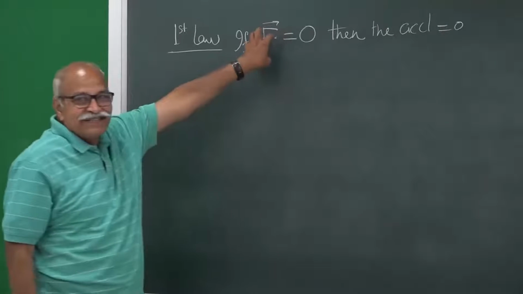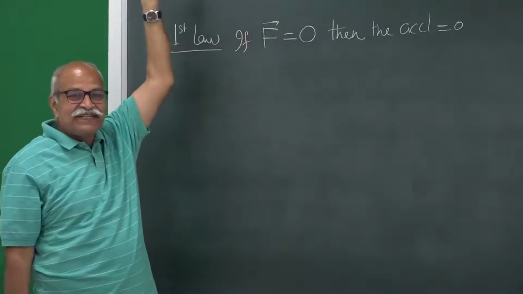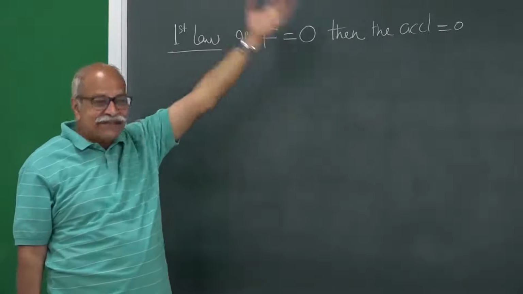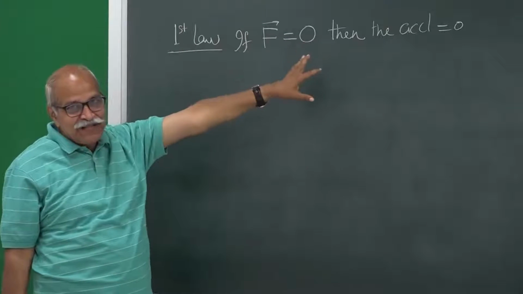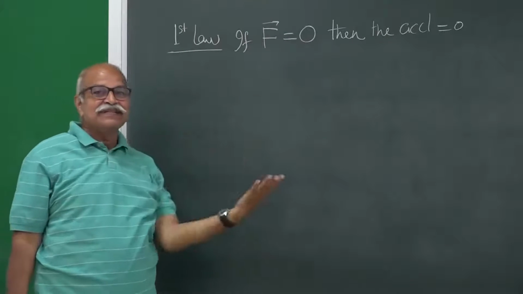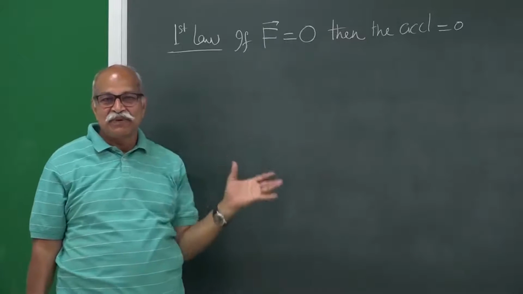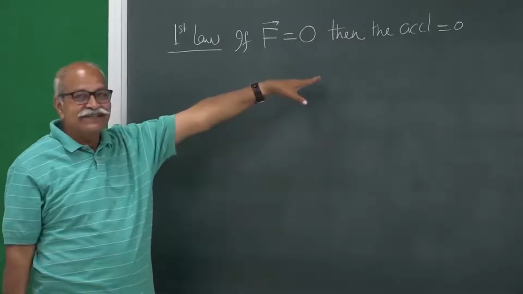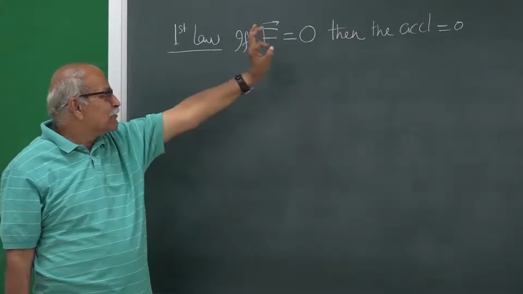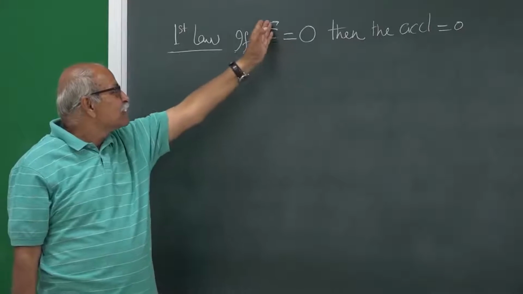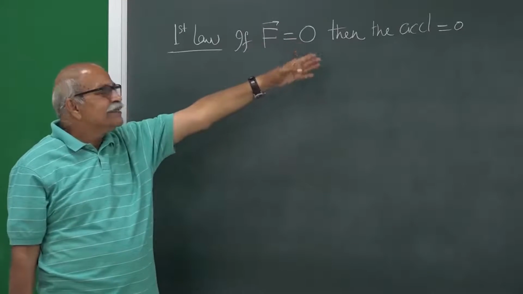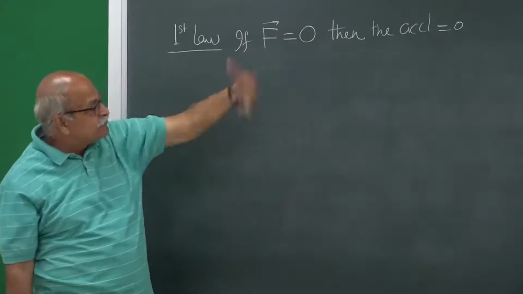In a nutshell, if it is at rest and remains at rest, that means acceleration is 0, or if it moves with a constant velocity in the same direction, same speed, that also means acceleration 0. So, if the total force on the particle is 0, then the acceleration should be 0, and vice versa also.